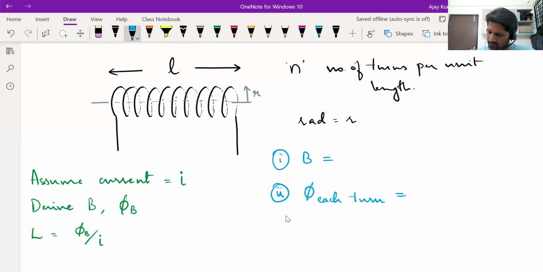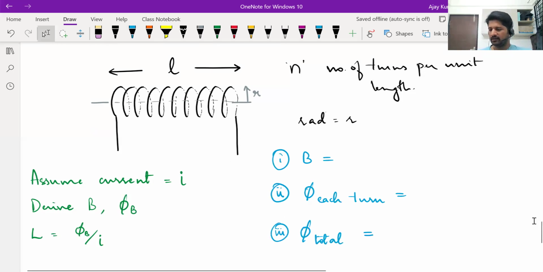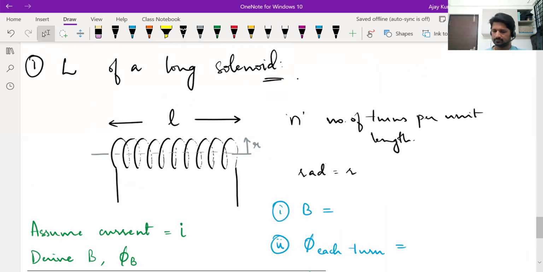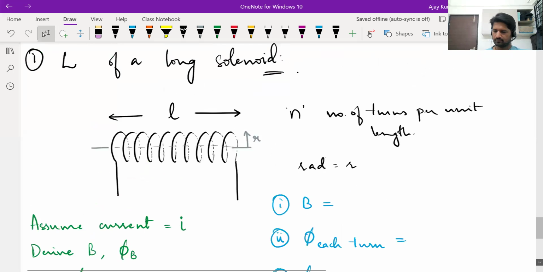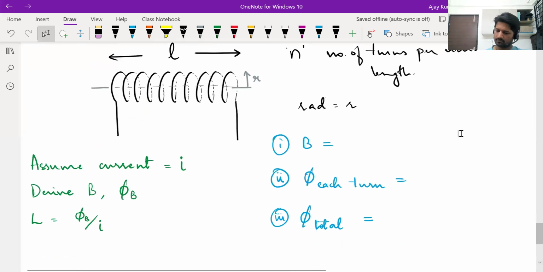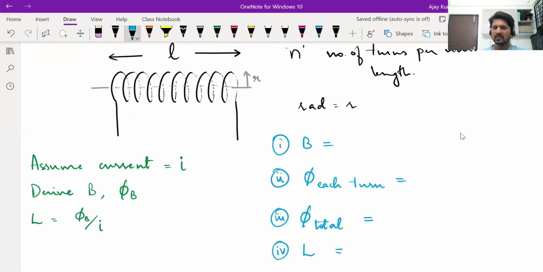Then find out the total flux through the solenoid. Then flux divided by current should give you the inductance. Do this quickly.